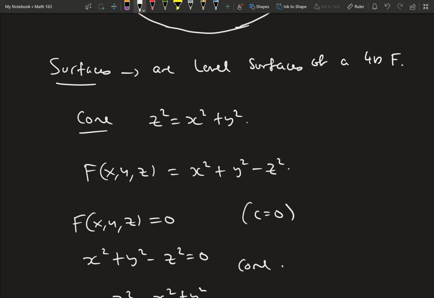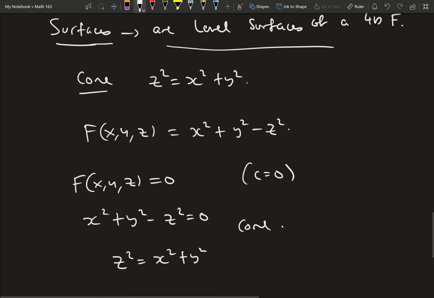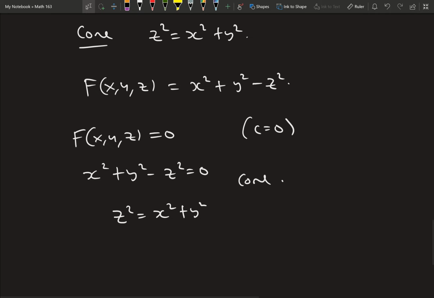Even if they are functions, you can do this, but all surfaces are level surfaces of some 4-dimensional function. So hence the level surfaces concept comes into play, and we'll see more about this later on. This is a very useful concept.